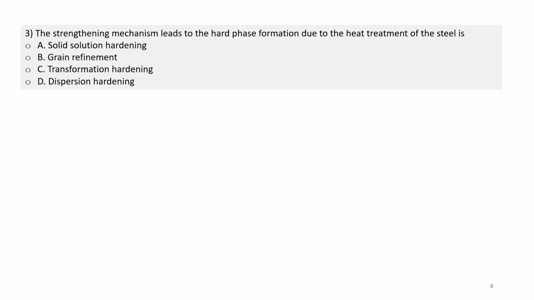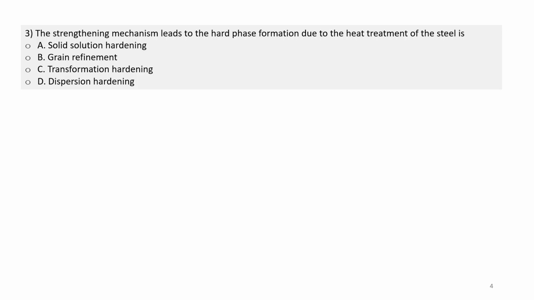So that will lead to strengthening in the alloy compared to the pure metal. In case of grain refinement, as you keep on reducing the grain size, the dislocations in the metal will face more of a barrier to free movement. So it will also cause strengthening.